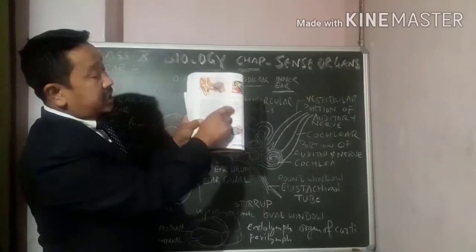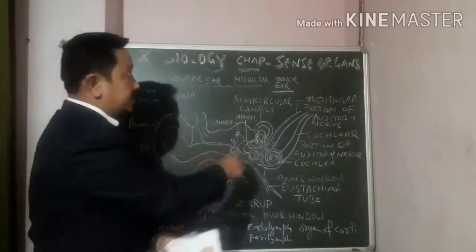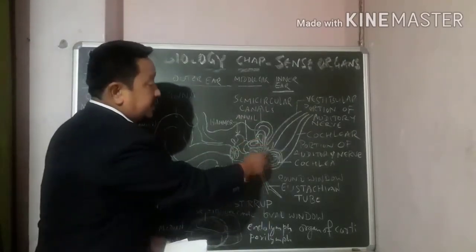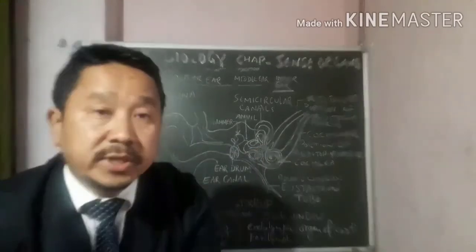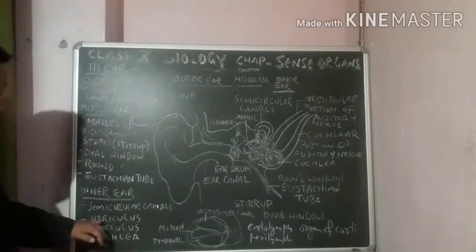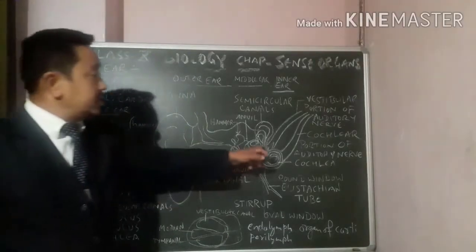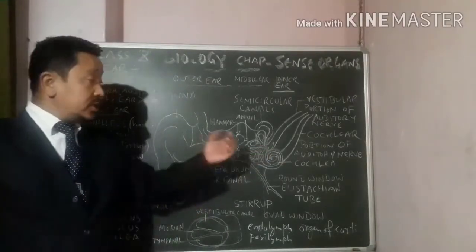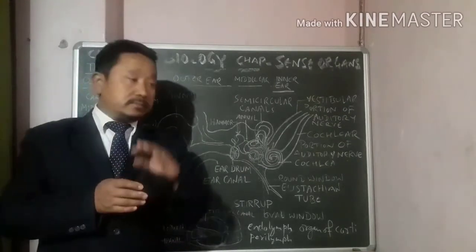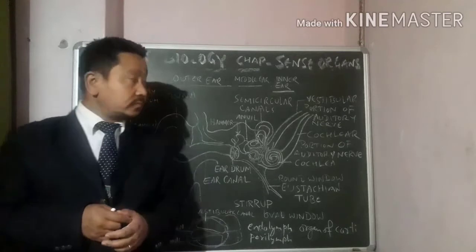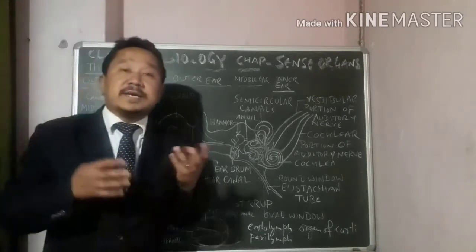Okay, so the base of this canal is attached to this, and in this base you find two important parts called utriculus and sacculus. Utriculus and sacculus also contain the sensory cells for maintaining the static balance of the body.